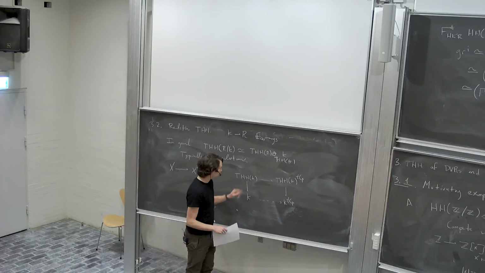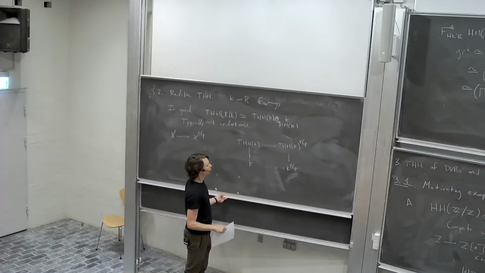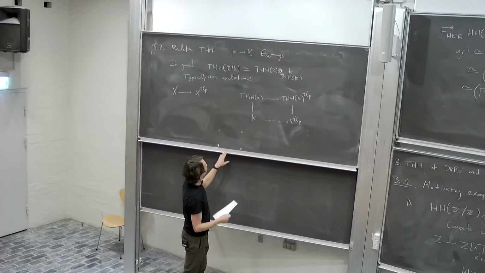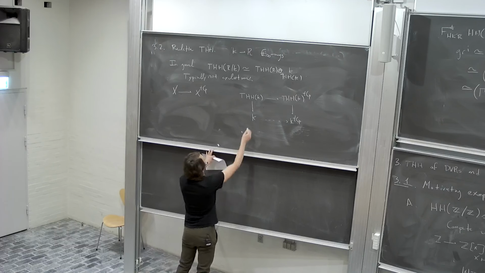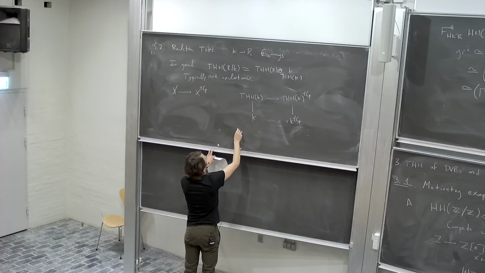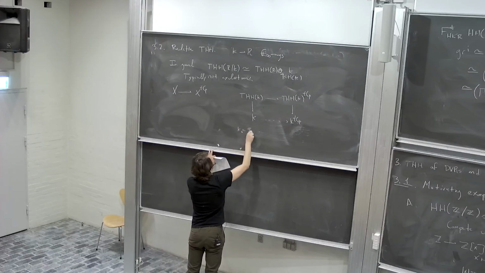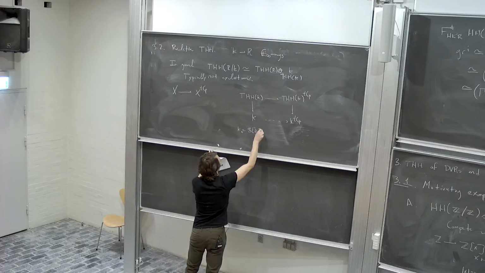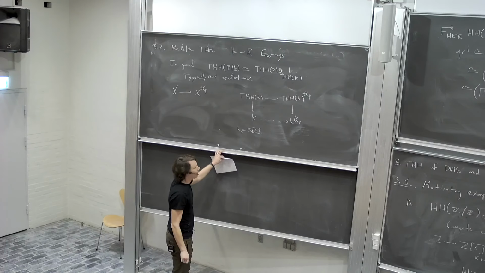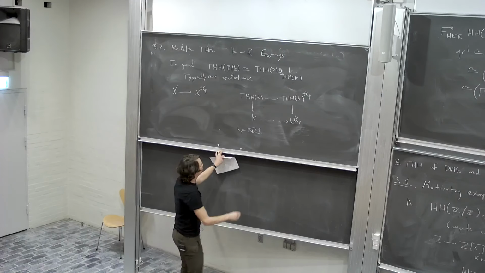But there's an important special case where this is okay. I'm just going to do the specific case of the flat polynomial ring over the sphere spectrum.